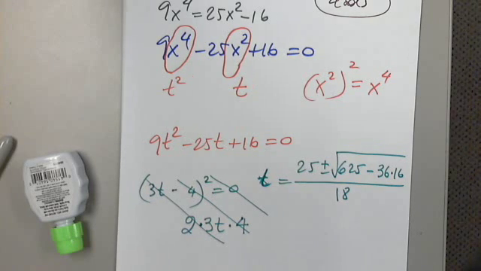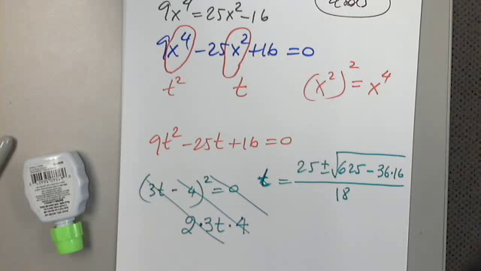Okay, so you don't have to do this. I'm doing it because I'm lazy. So it was 25 plus the square root of 625 minus 36 times 16.